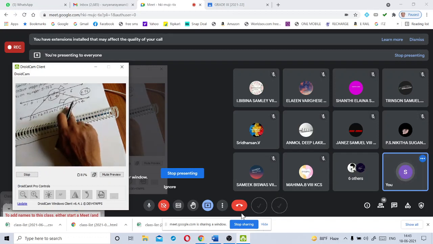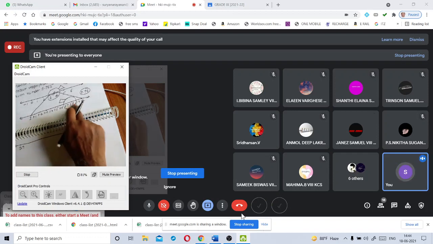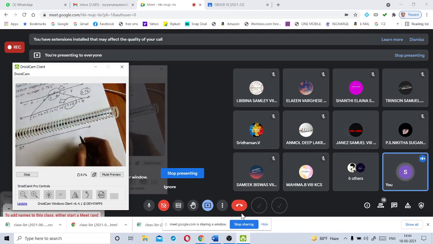What is the first part here? 3.7. Yes or no? We have to write these two endpoints only. Here 3.7, here 3.8.